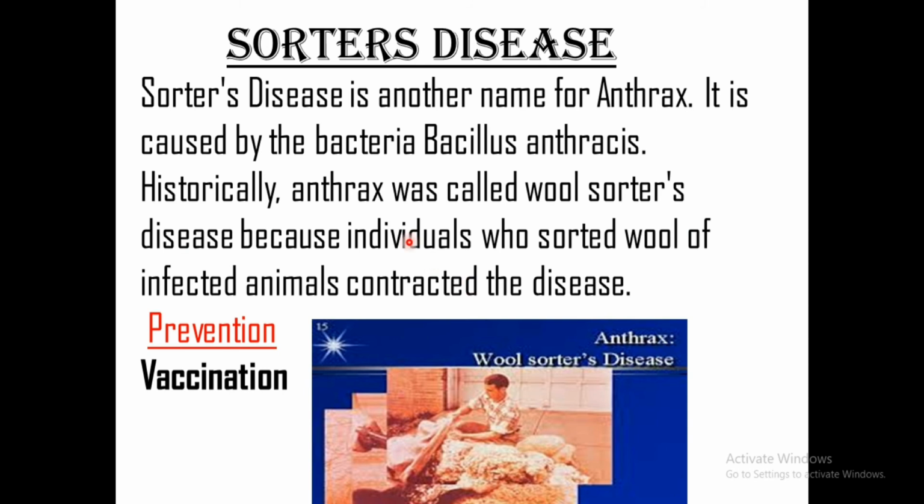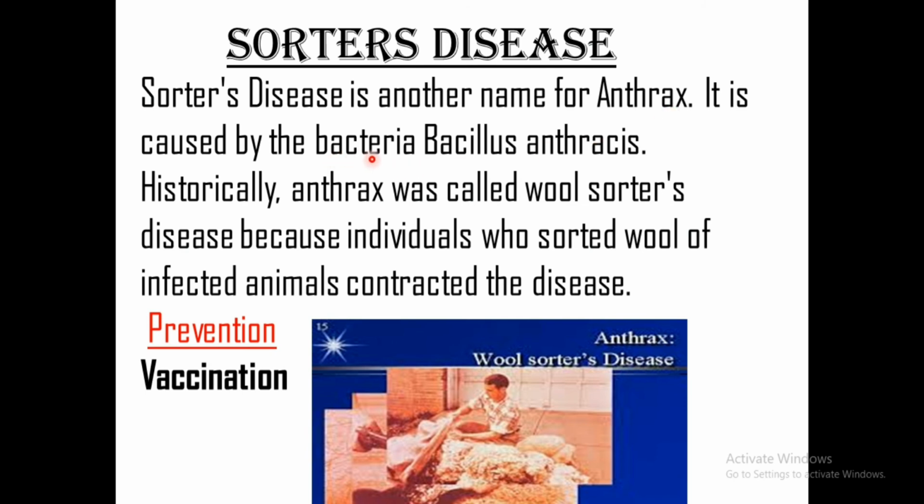Sorter's disease. Sorter's disease, actually this is an almost eradicated one, but this occurs because of a cattle disease known as anthrax. If the cattle or the sheep has this anthrax, and the sheep is brought for peeling away the fleece, those workers also get affected by the bacteria.